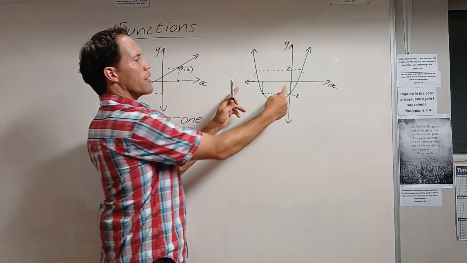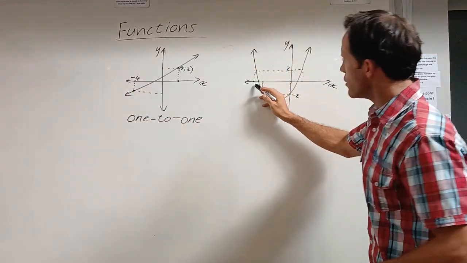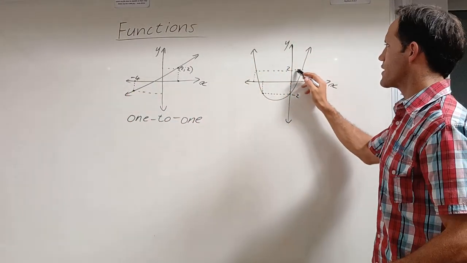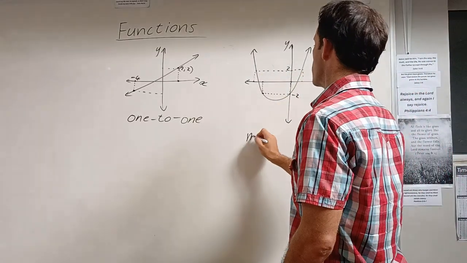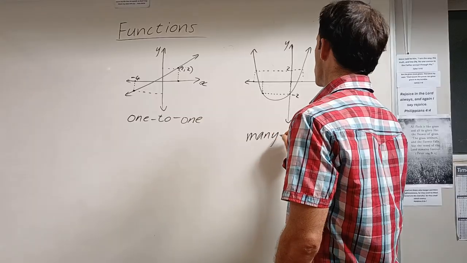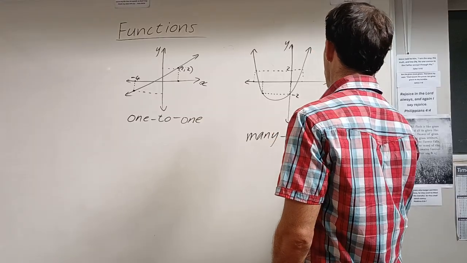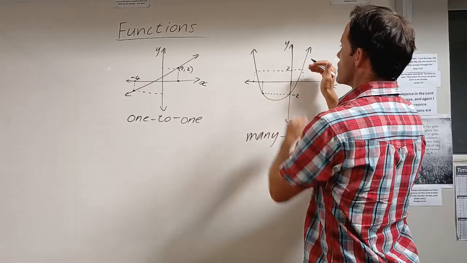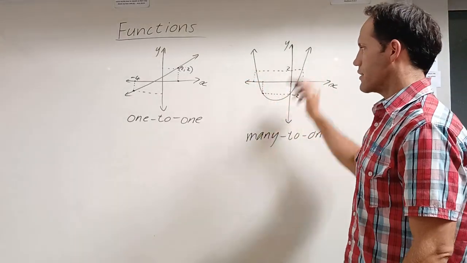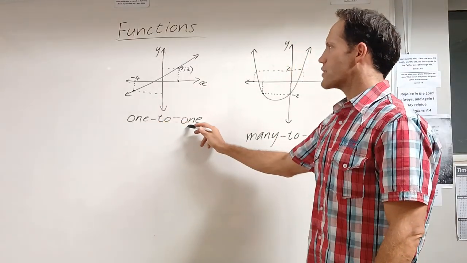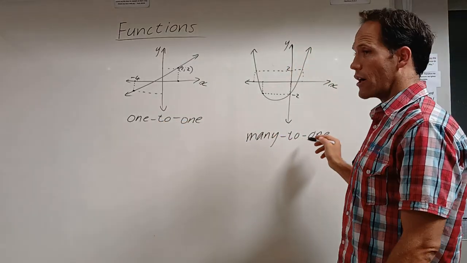So you've got two different x values that give you the same y value. So we call this a many-to-one. Many x values give you the same y value. Okay, it's still a function. So a one-to-one is a function, a many-to-one is a function.